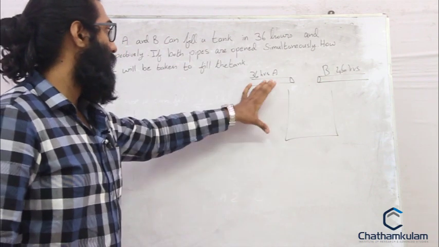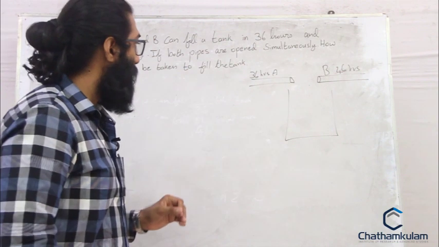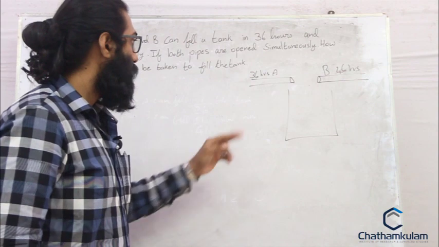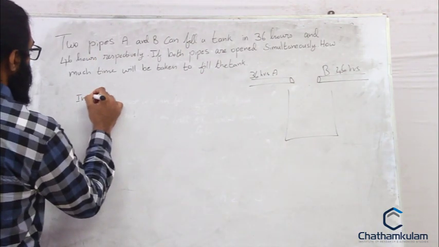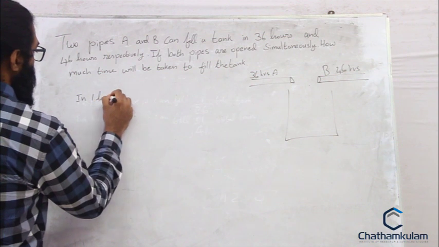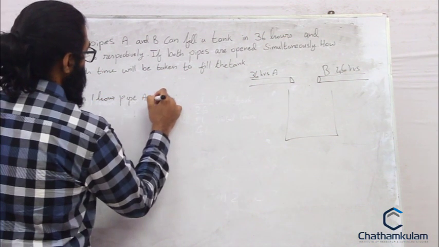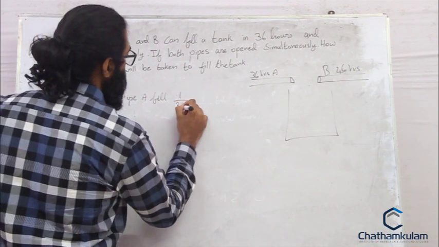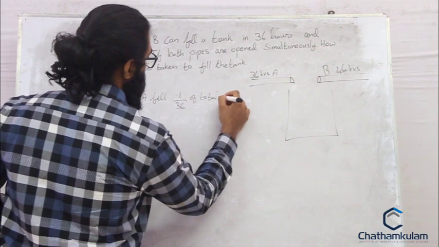So let's say what amount will be filled by pipe A in 1 hour. In 1 hour, pipe A can fill 1/36 of the total tank capacity.